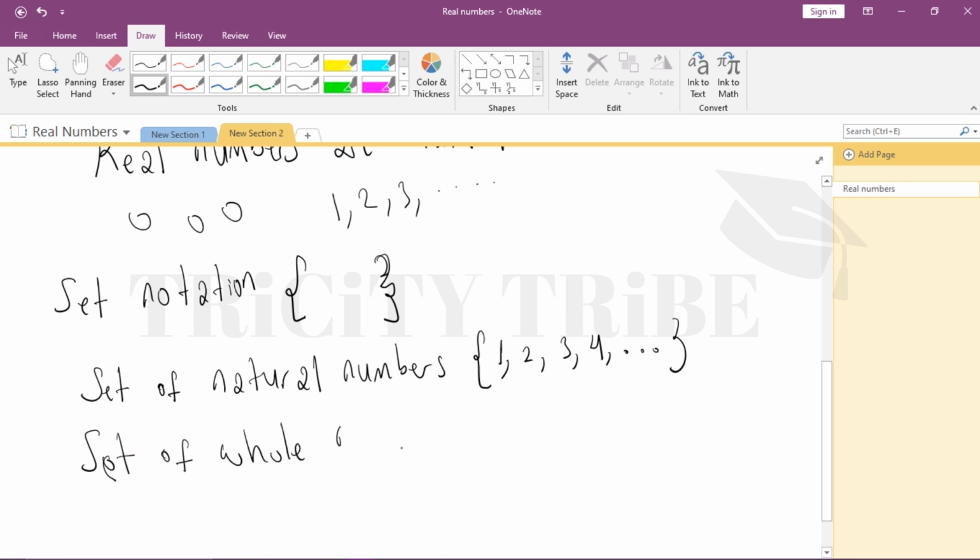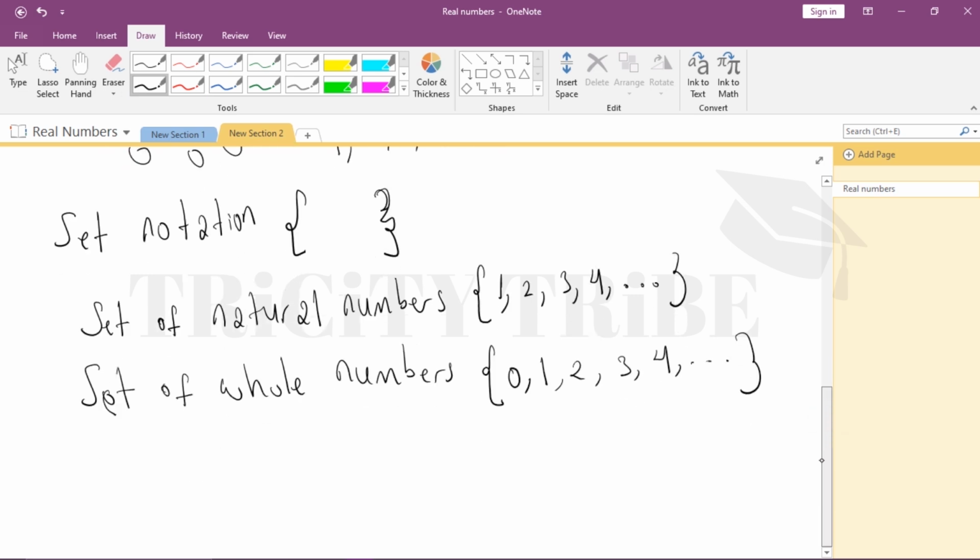Do you understand? The moment you add 0 to the beginning of your natural numbers, it becomes a set of whole numbers. Now what if I add negative numbers?